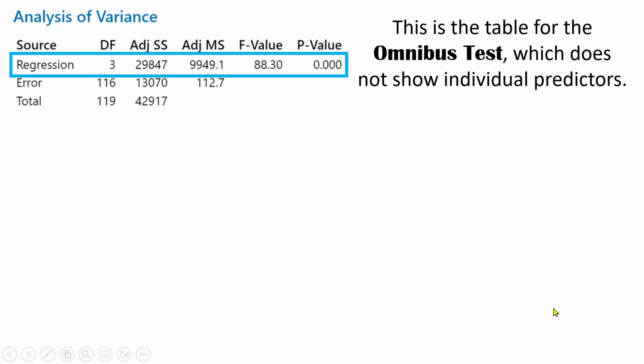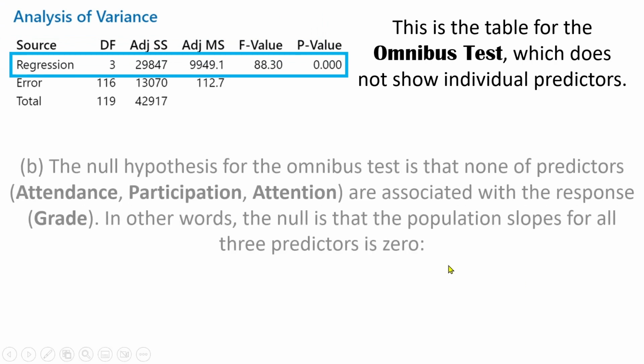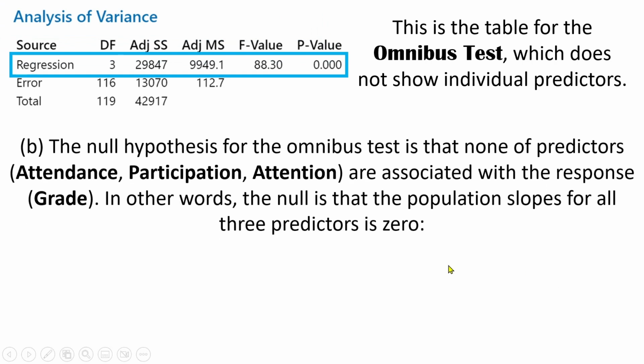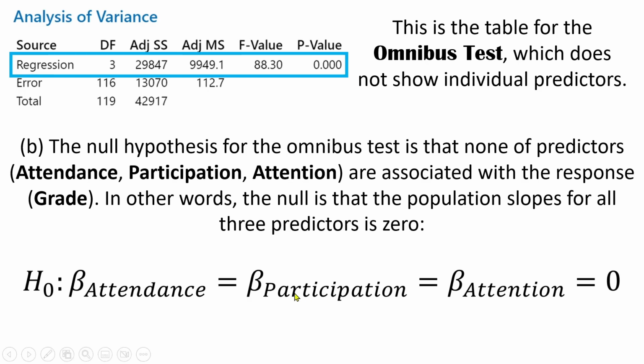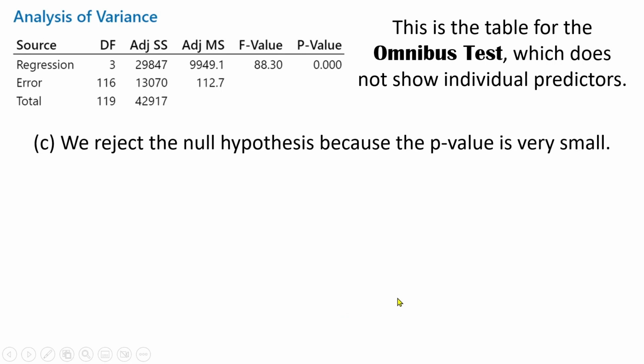So are we going to accept or reject? Well, what is the null hypothesis? The null hypothesis for the omnibus test is that none of the predictors are associated with the response. In other words, the null is that the population slopes for all 3 predictors are 0. We could write it like this. Are we going to accept or reject that null hypothesis? Well, we just need to look at the p-value. Here we can reject the null hypothesis because the p-value for the test is very small.